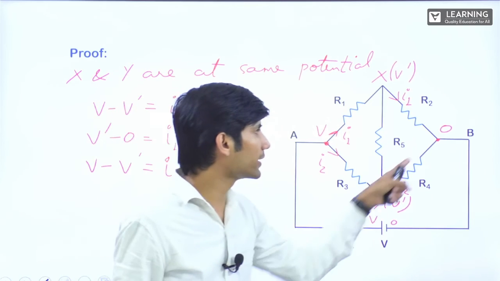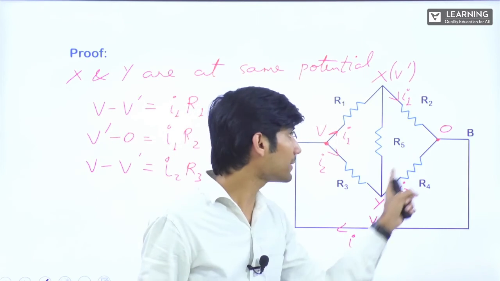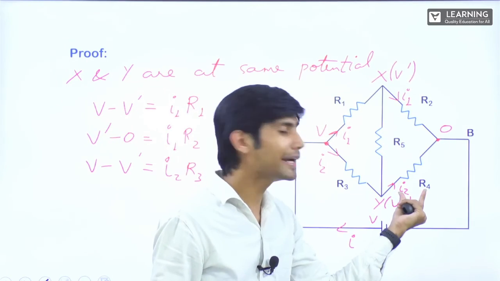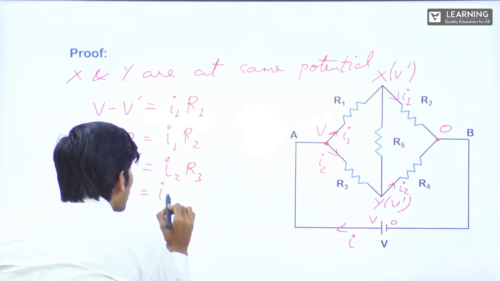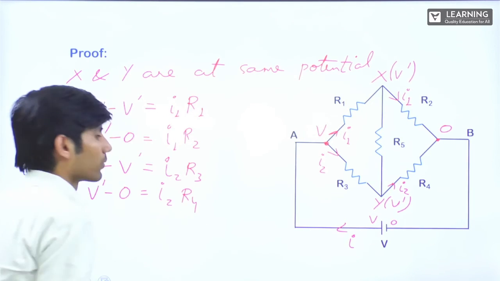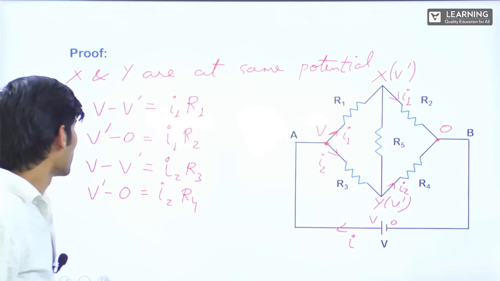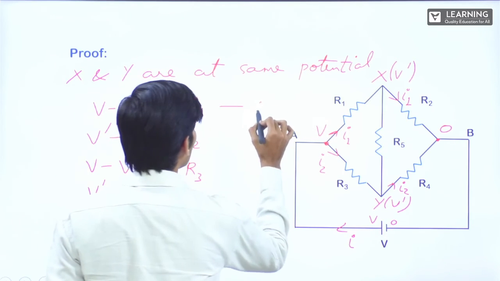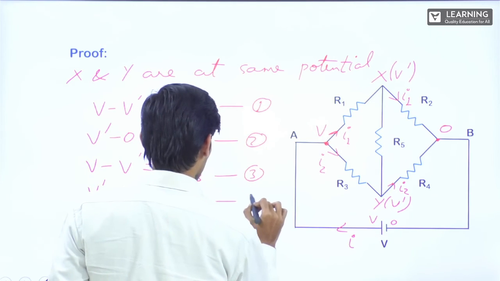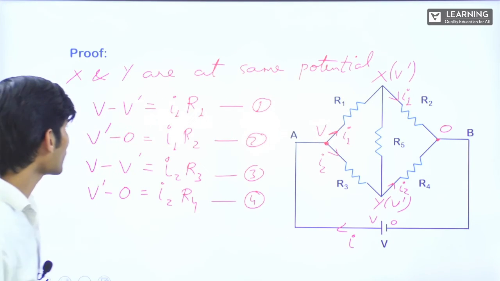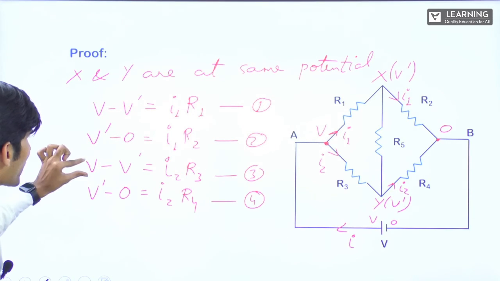And this point is at V dash, this point is at 0, so V dash minus 0 will be I2 R4. Yes or no? Now let's say this is equation 1, this is equation 2, this is equation 3, and this is equation 4.